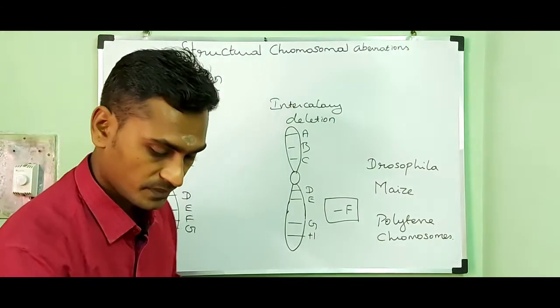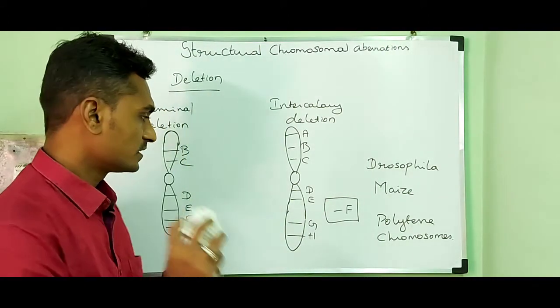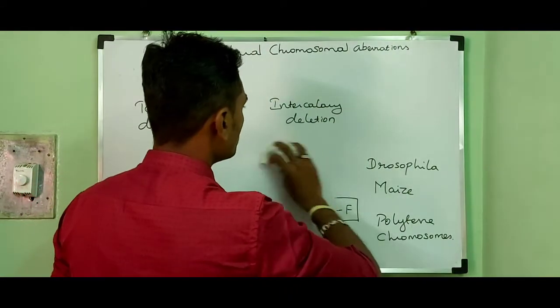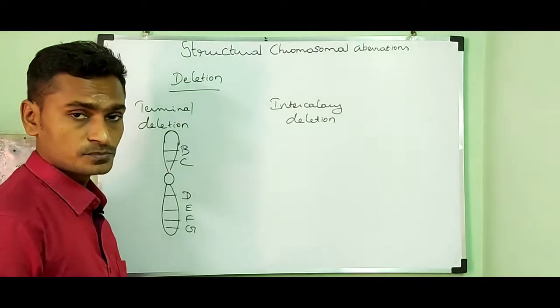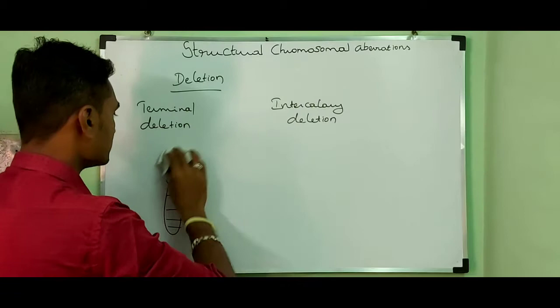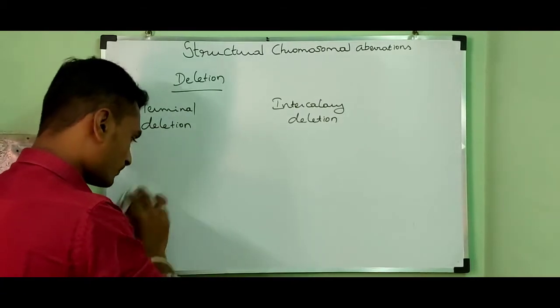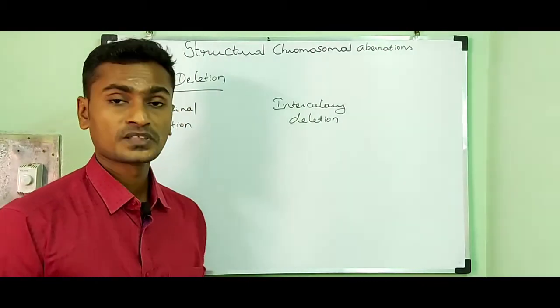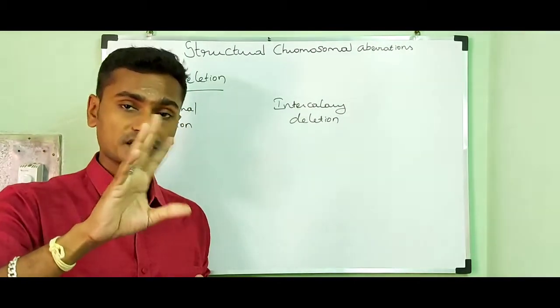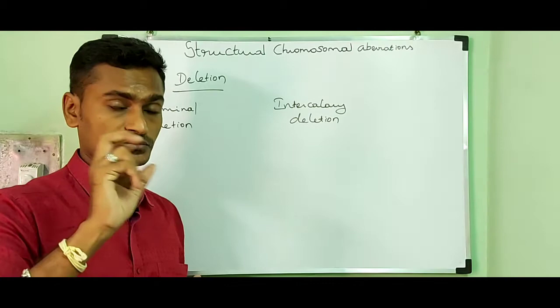Now I am going to explain with a diagram. That loop is called a deficiency loop. So you can find the deficiency loop at the meiotic prophase.